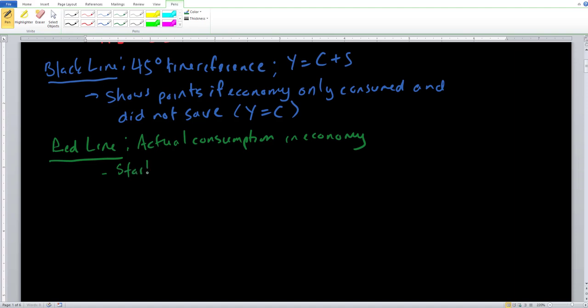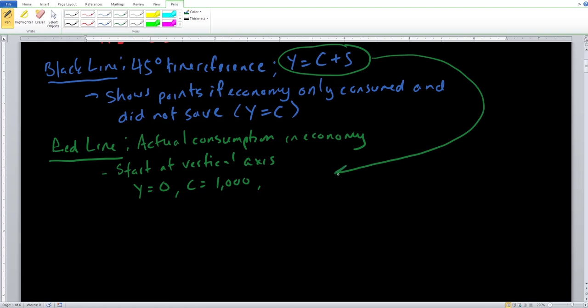First, as we did before, we start at the vertical axis. There, income is equal to 0 and consumption is equal to $1,000. Remember that this equation has to hold no matter what, so savings has to equal negative 1,000. We're borrowing money in this sense.